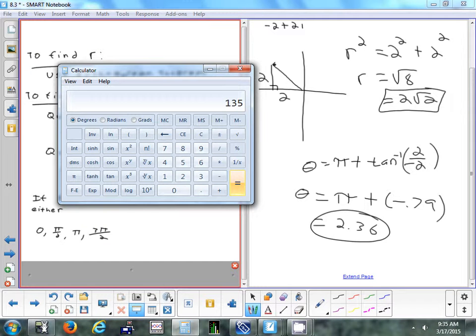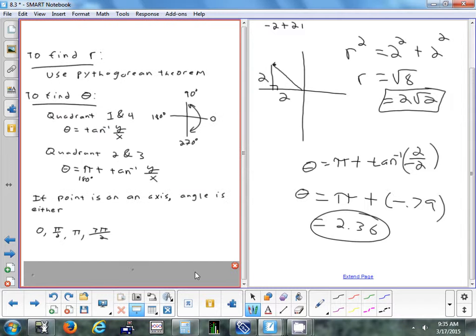I would never recognize 2.36 as 3 pi over 4. I just don't know that decimal. But if I check it, 3 times pi divided by 4, it's exactly what I have. So if they want an exact answer, my recommendation, do it in degrees. You'll get a nice answer usually. Then change it to radians. Okay. But I want you to just see the process.